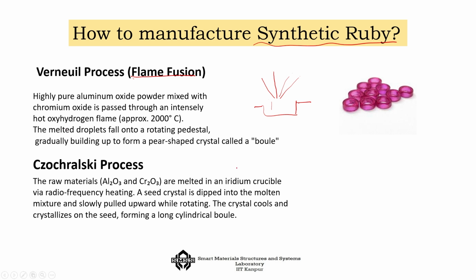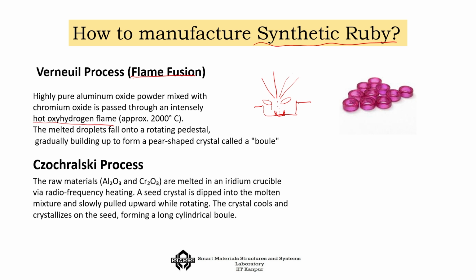So, you have to apply the hot oxyhydrogen flame, approximately 2000 degrees centigrade, and you will see that there will be melted droplets on a rotating pedestal. So, you have to have some kind of a system here on which the drops are going to come as I apply the high oxyhydrogen flame.